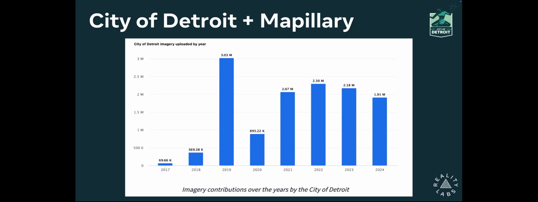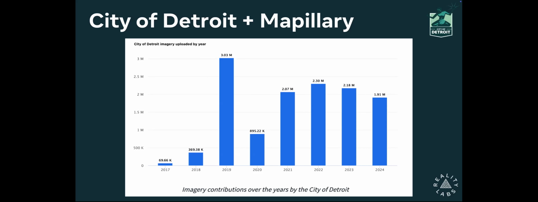And most recently, General Motors gave them a grant to buy a Trimble MX-50. So this is a big, like, $1 million rig, LiDAR sensors, 3D optical, the whole nine. And so they're using that now, and they're uploading all the optical imagery that they capture to Mapillary.